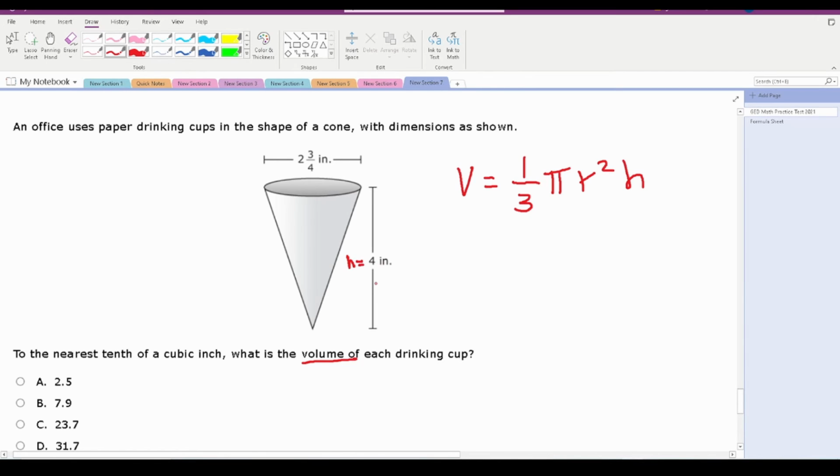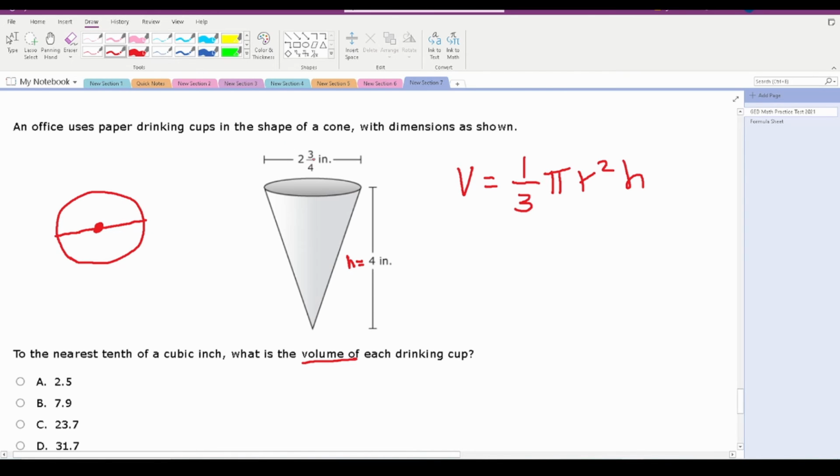Height is easy to find. It's right here. It's 4 inches. And again, we're dealing with a circular base of a cone. Let me go ahead and make another circle. Diameter goes from one side of a circle to the other side through the center point of the circle.